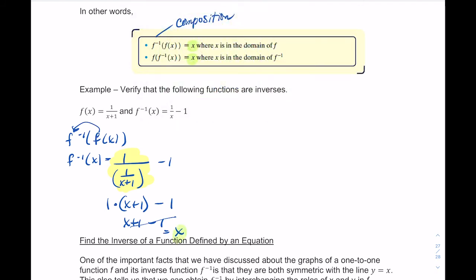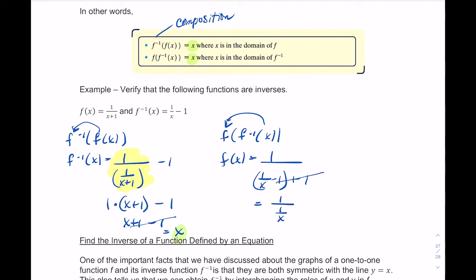Now we're going to check and make sure, though, that f of f inverse of x also equals x. So now I'm taking f inverse and plugging it into f. So f of x is just 1 over x plus 1. So again, in place of x, I'm substituting 1 over x minus 1. And here, the negative 1 and positive 1 cancel, and you're left with 1 over x, which again is a division problem.